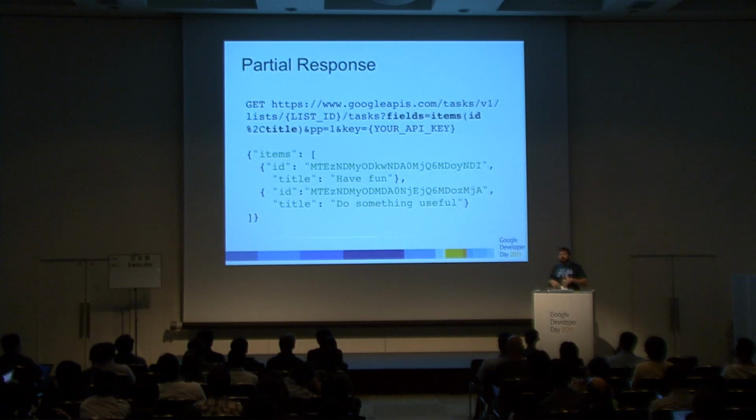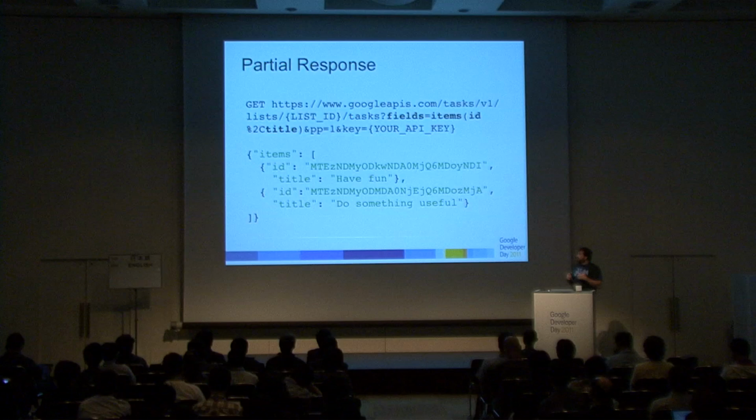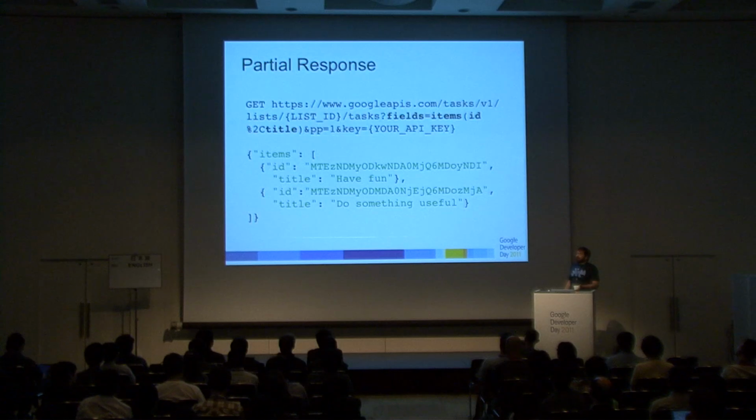So if you have a very complex data structure, but you only need 3 or 4 attributes, you can just tell it in the request by specifying that fields parameter which attributes you want to return. And you can actually use notation to specify even the attributes inside nested objects. So in this case, we just want the ID and the title of all of my tasks. It's a really useful feature.